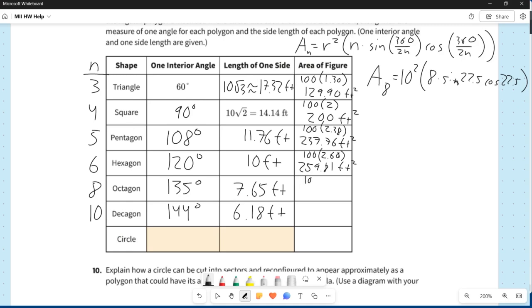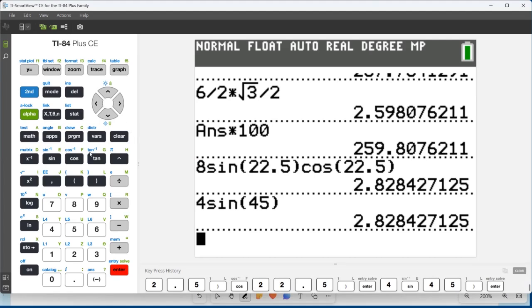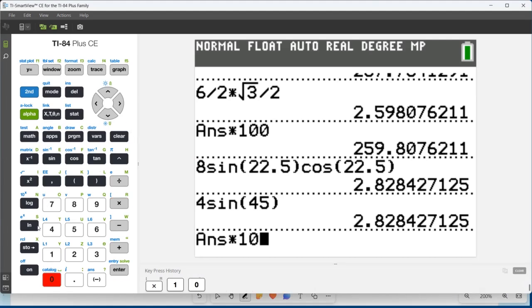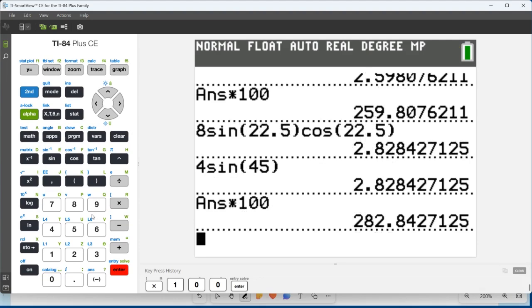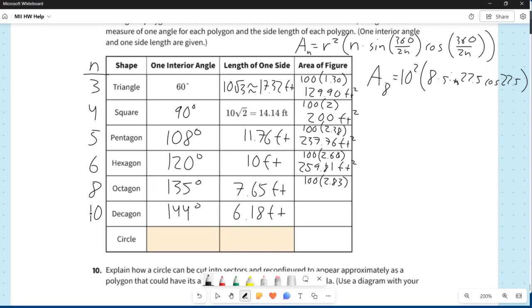So we've got 100 times 2.83. And when we multiply that by 100, we get 282.84 square feet.